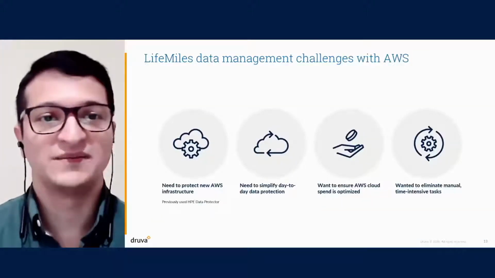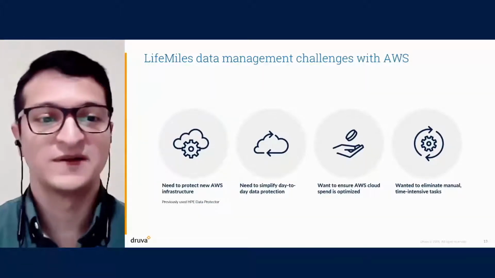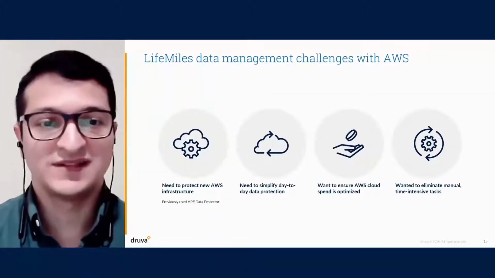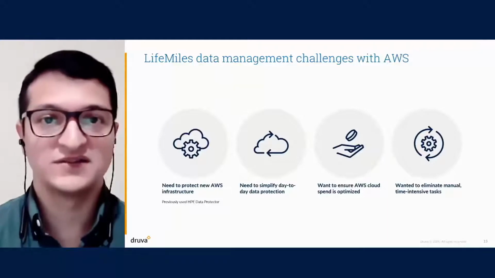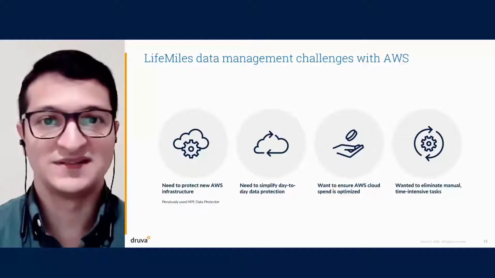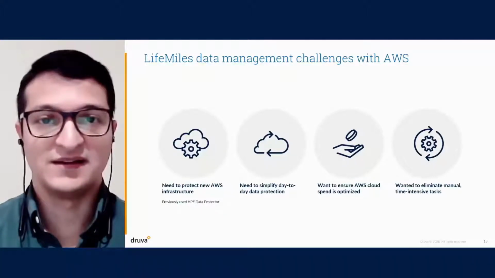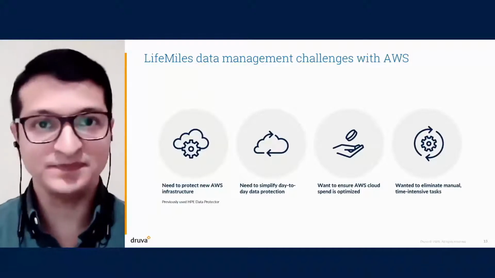What are some of the data management challenges that LifeMiles has faced with AWS? Well, to set the context right, let's move back to the year 2017. There were two major changes going on at LifeMiles, one of them being a business decision to split the company legally and physically.